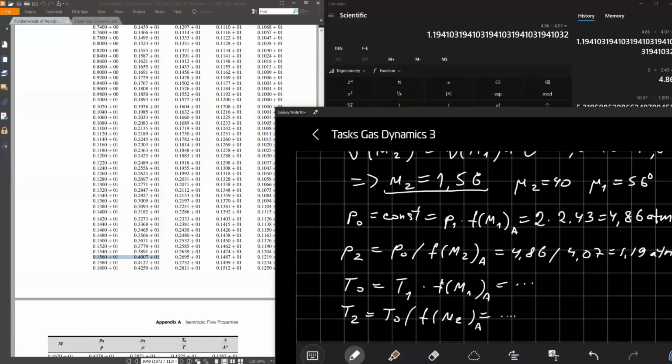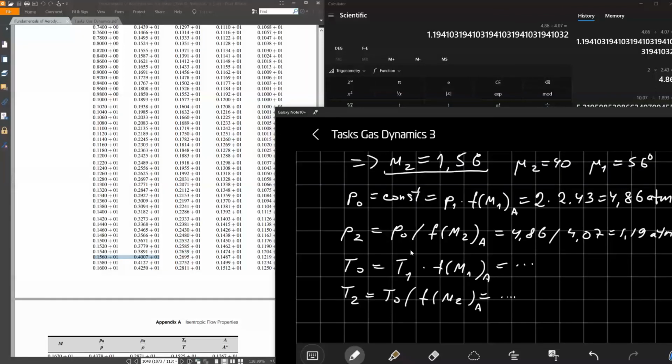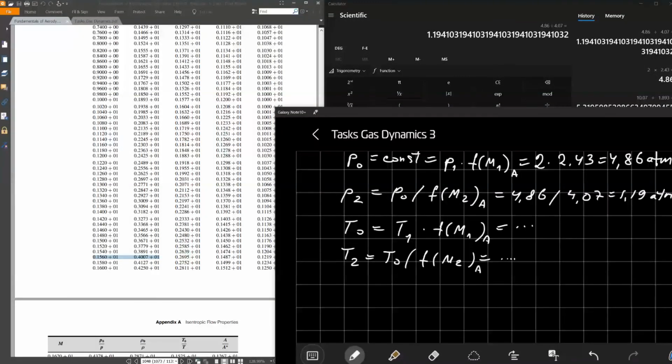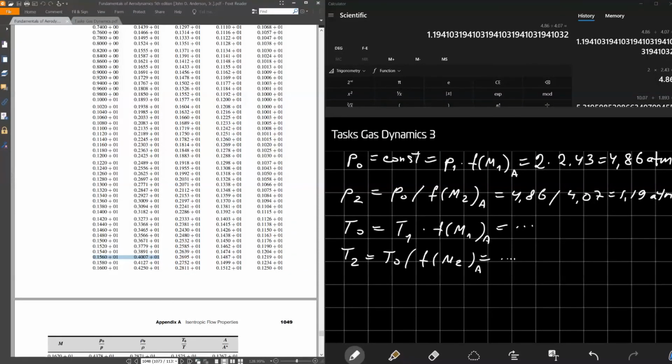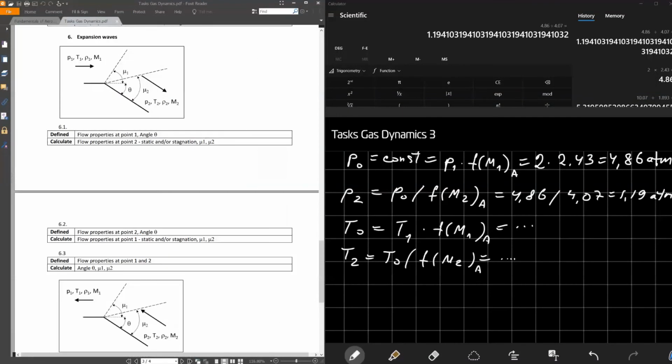So it's absolutely a simple thing and can be done really, really fast if you know how to act. Okay, that's it. The direct calculation is that simple.